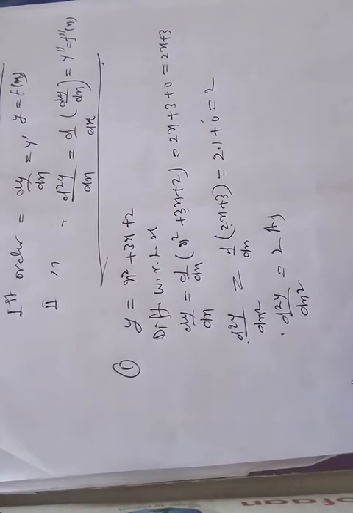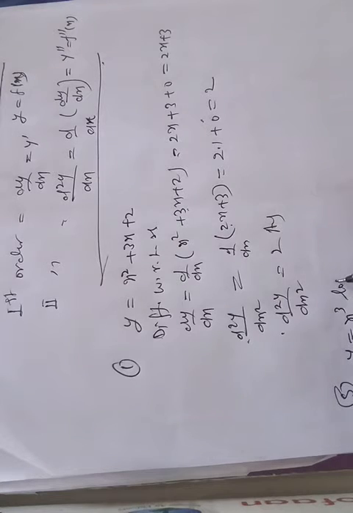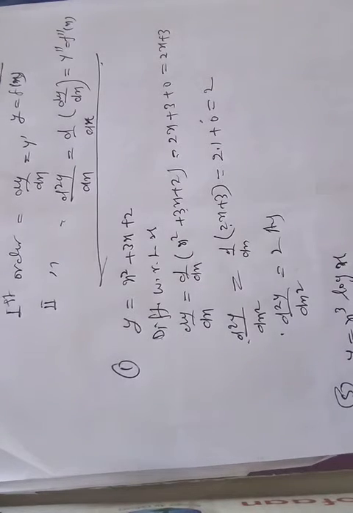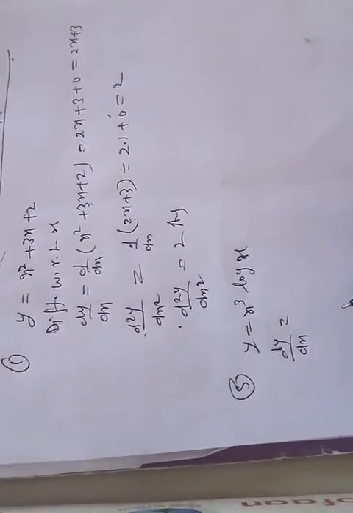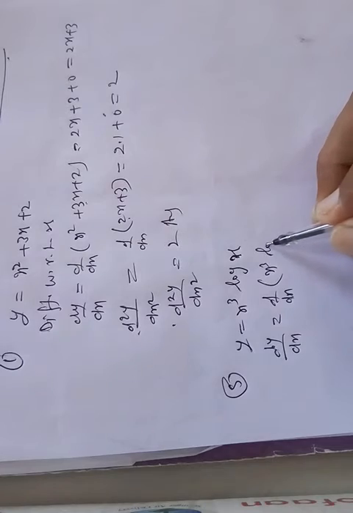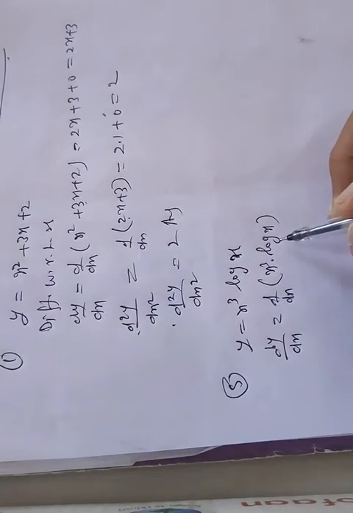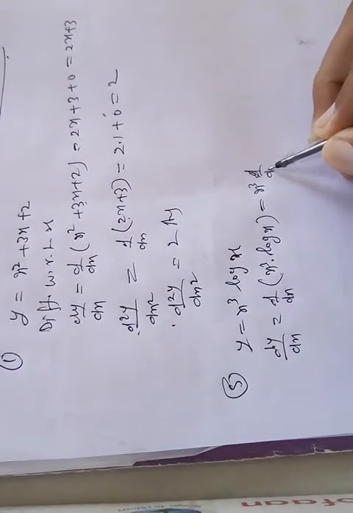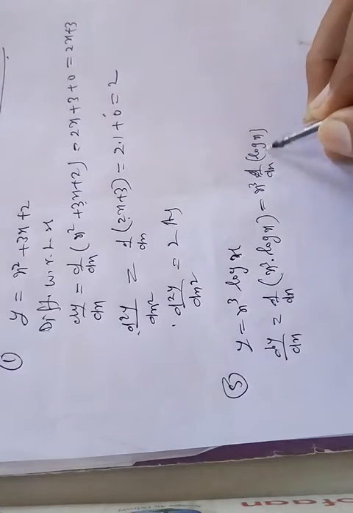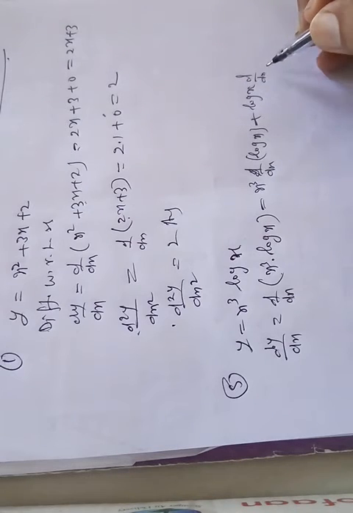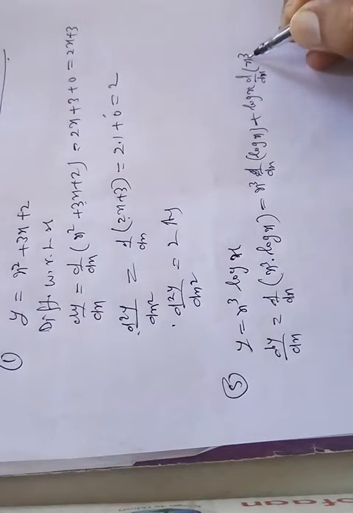Question number 5: let y equal x cube log x. Find dy/dx. This is a product of two functions, so use the product rule: x cube times d/dx of log x, plus log x times d/dx of x cube.